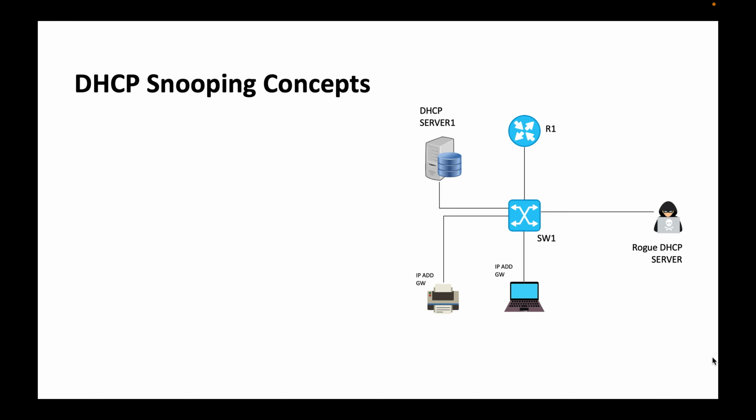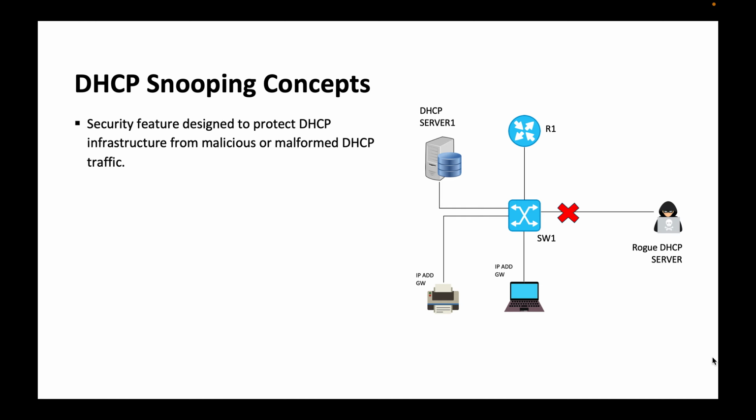Now let's look at some of the DHCP snooping concepts. DHCP snooping is a security feature designed to protect the DHCP infrastructure from such malicious or malformed DHCP traffic, which we discussed. With DHCP snooping enabled, the network device would block DHCP offers from untrusted sources, ensuring network stability and security.